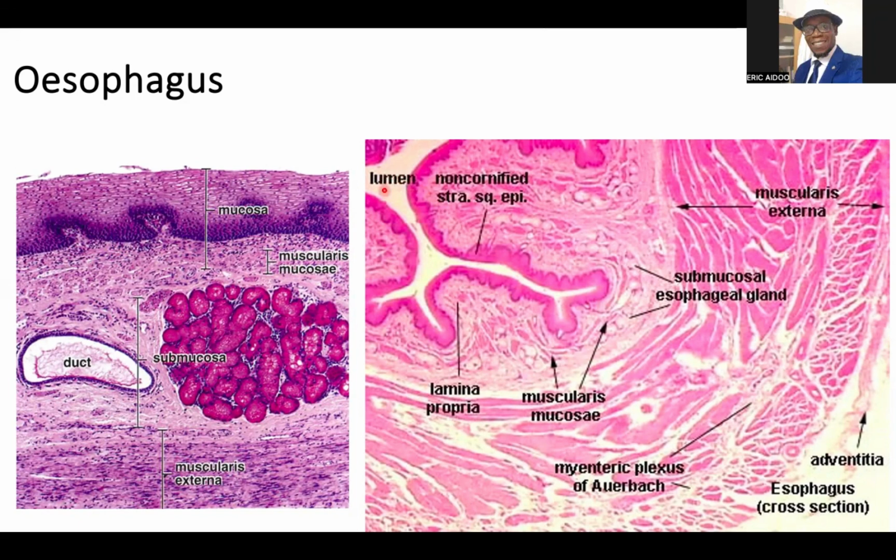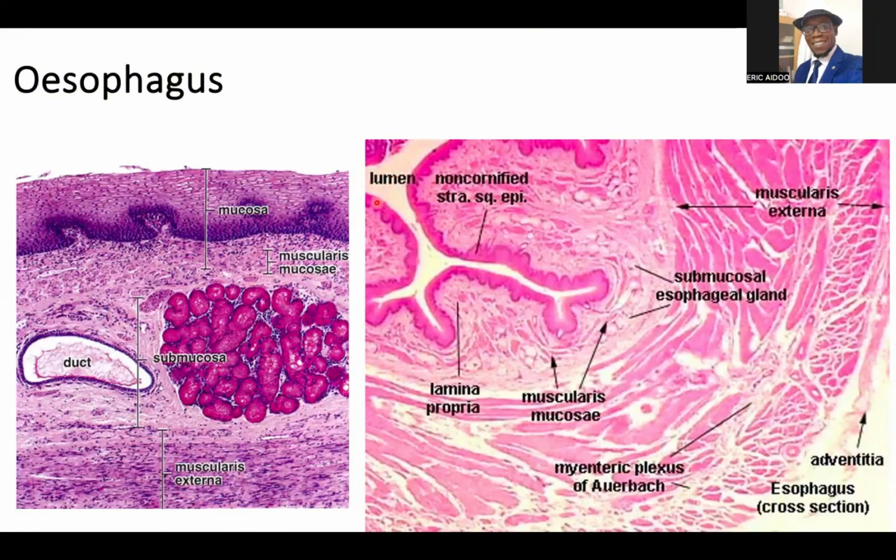So you are seeing the lumen in a circumferential manner or a complete form, unlike this one, which is a vertical or longitudinal section. So you are not seeing a circular lumen. This micrograph has been truncated at this point and that point. If it was extended, you would have seen a complete lumen. So sometimes if you want to know whether a section is longitudinal or cross, especially if the structure is a tube, you have to consider the lumen.